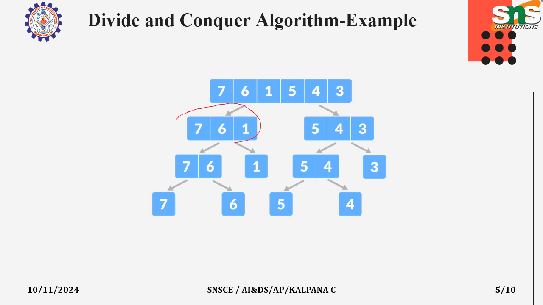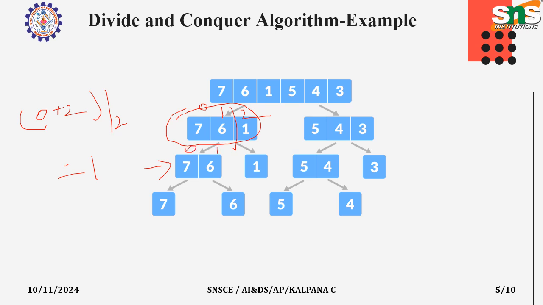Next, I'm going to further divide 7, 6, 1 into subarrays, positions 0, 1, 2. Again I have to find the mid value. The low value is 0 and the high value is 2. 2 divided by 2 is 1. So till 1 is my left array: 7 and 6.